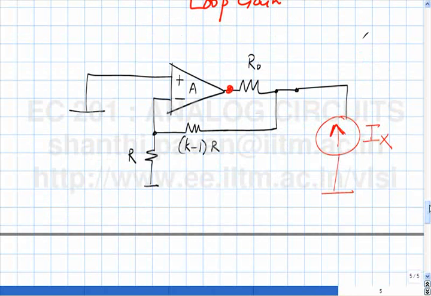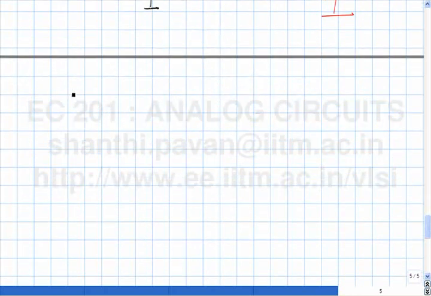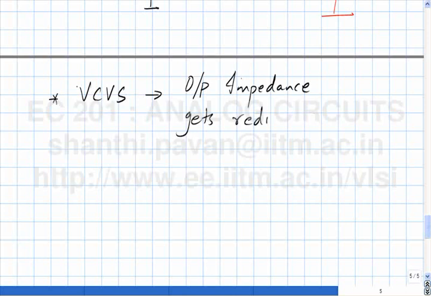From this discussion you can see, when you try to realize a VCVS, the output impedance is reduced by a factor of the loop gain. Do you understand? Does this make sense?